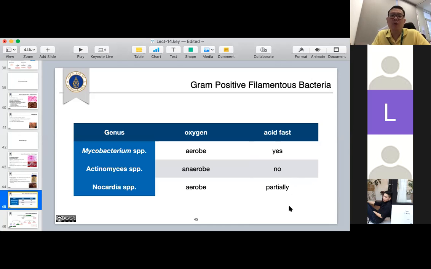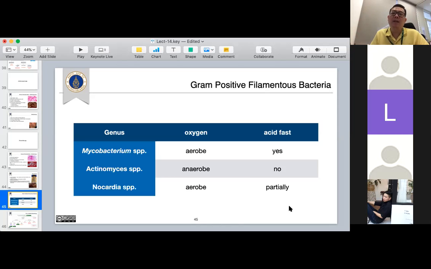But for some strains of Mycobacteria, Actinomyces, and Nocardia, if you try to Gram stain, remember last time I said most of the Gram stain cannot penetrate inside and probably shows up as ghost cells, but sometimes some strains can stain with Gram, but the stain is not smooth across the whole bacillus. Some areas stain, some areas don't.